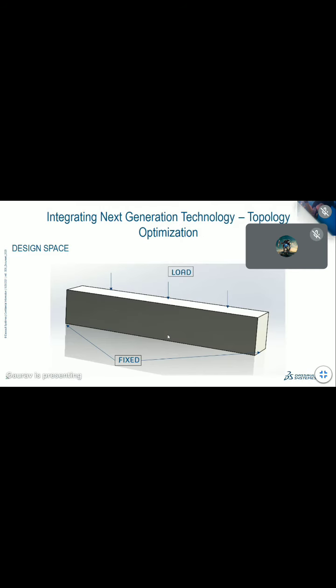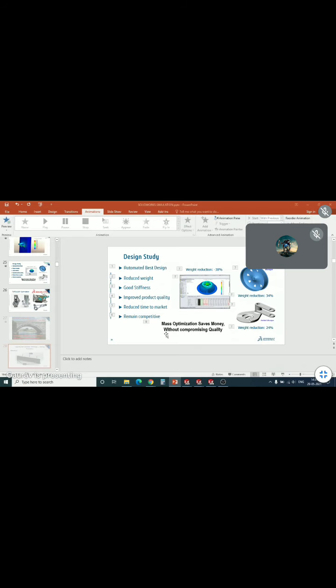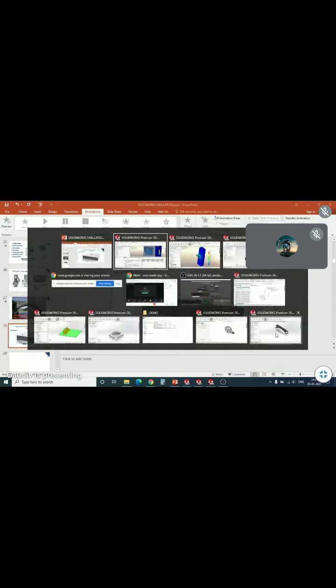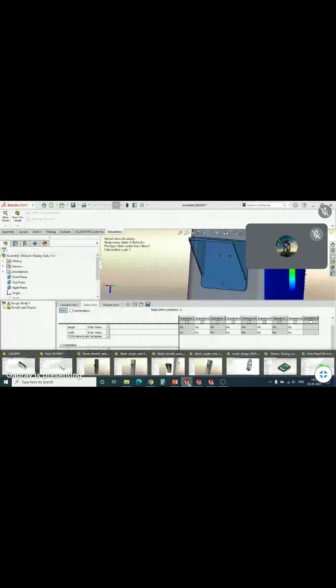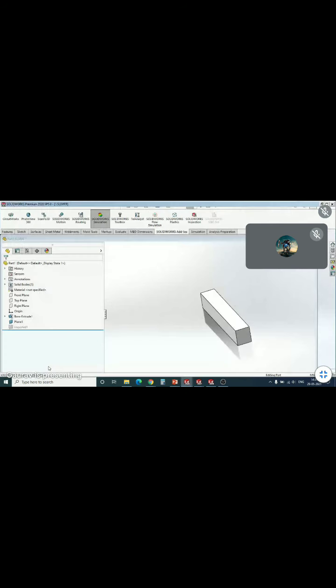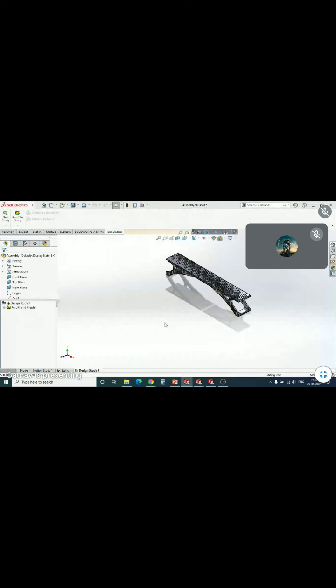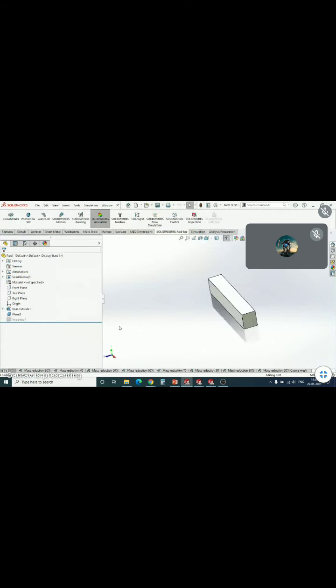So let me introduce you to this next generation technology called topology optimization, with a simple concept. I will just open the model. Yes.